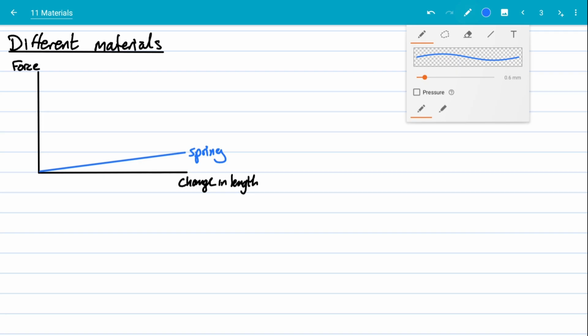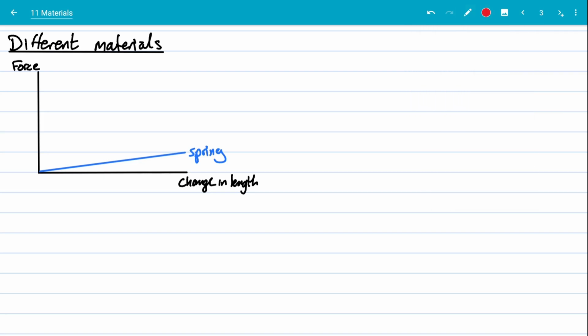Now, we have another elastic substance called rubber. And when you extend that, it does something like that. So that would be something like rubber, but that's still elastic.